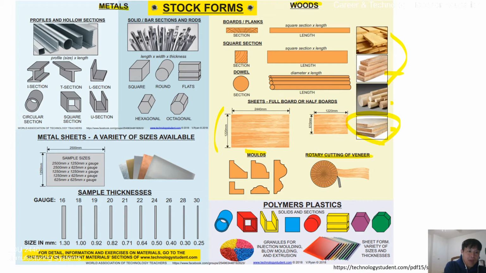Metals also have certain stock forms, such as I-sections. These materials are usually used in construction sites, such as building houses or bridges. We use these standard materials. Also, solid bars like this, and metal sheets like this.